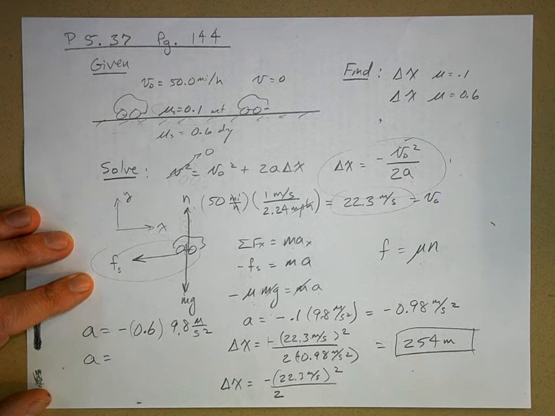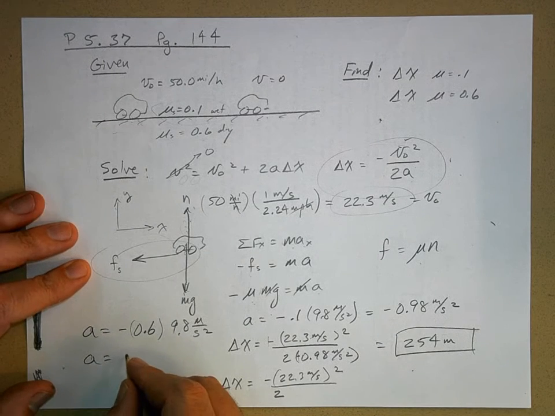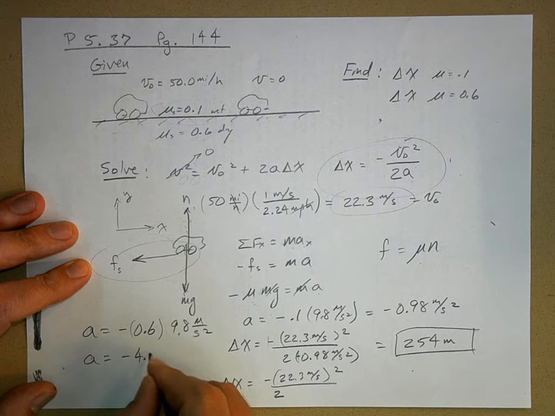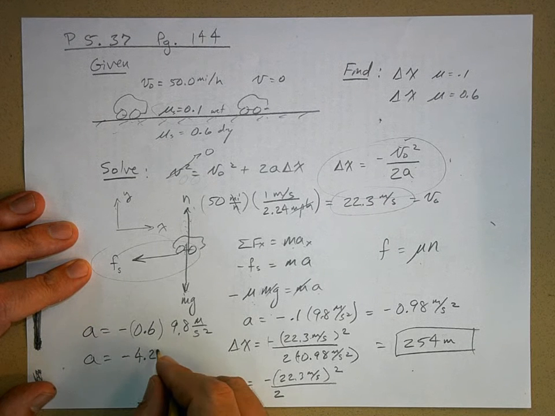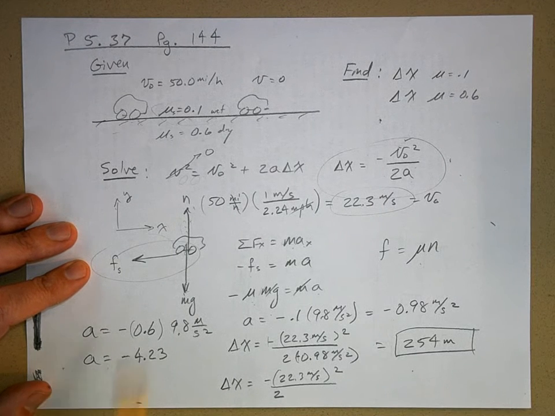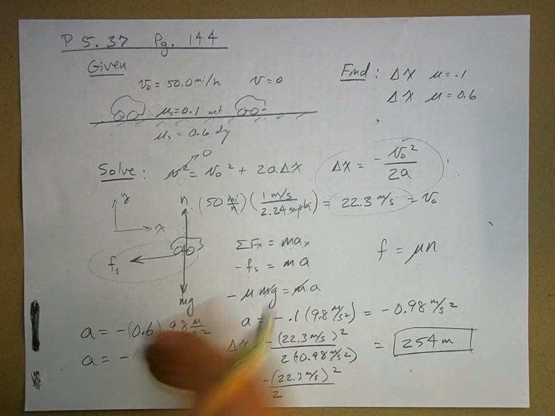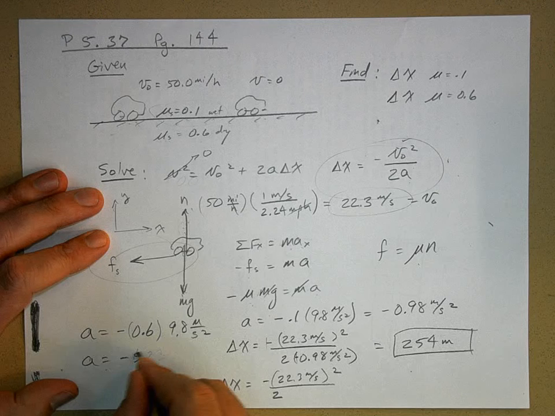So what's that a? 0.6 times 9.8. Yeah, 5.88.